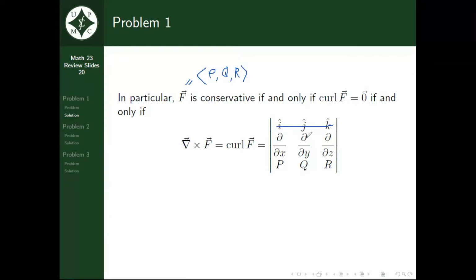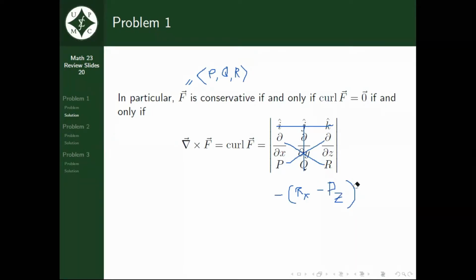Okay, and then for the second one, let's be careful here. So partial derivative of R with respect to x. Okay, let me write this down. Minus partial derivative of P with respect to z, but we apply a minus sign in front. So multiply by -1.